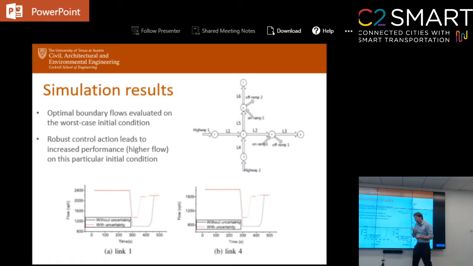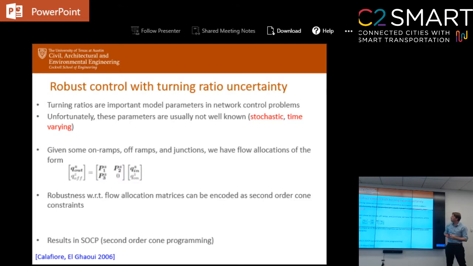In that case, you try to impose the flow that is set by the optimal control, but because of the physical limitations and because of the jams, the flow cannot enter. With the uncertainty taken into account, you actually reduce the control action, and therefore you have less drop in the flow than from the other controller. So we have a better performance.